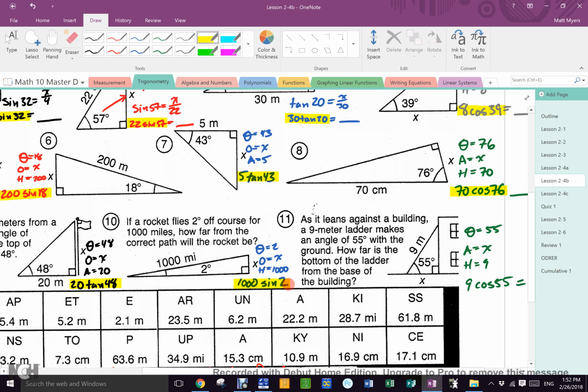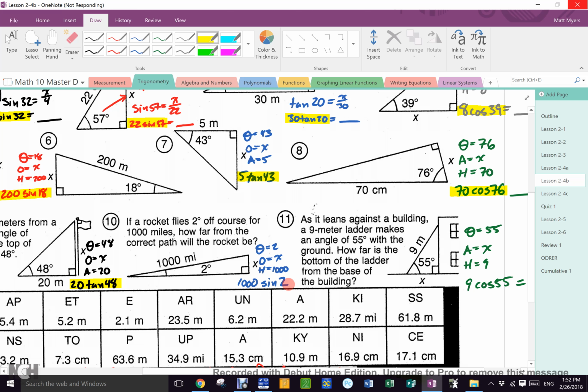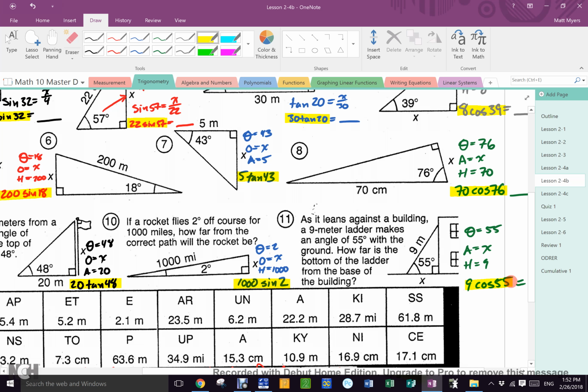And 9 times cos 55. Okay? And then, of course, whatever those answers are, you will be finding those with your calculators. Okay?